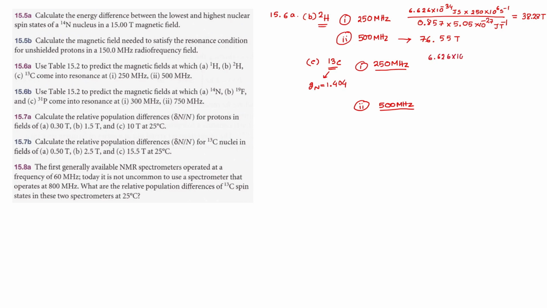So it will be 6.626 into 10 to the power minus 34 joule second into 250 into 10 to the power 6 second inverse, divided by 1.404 into 5.05 into 10 to the power minus 27 joule Tesla inverse, that is going to give us 23.36 Tesla.